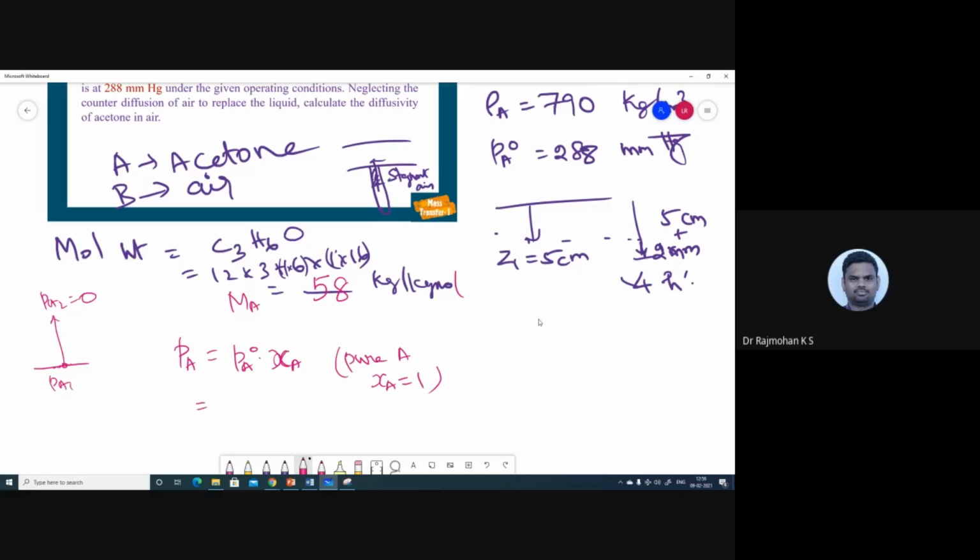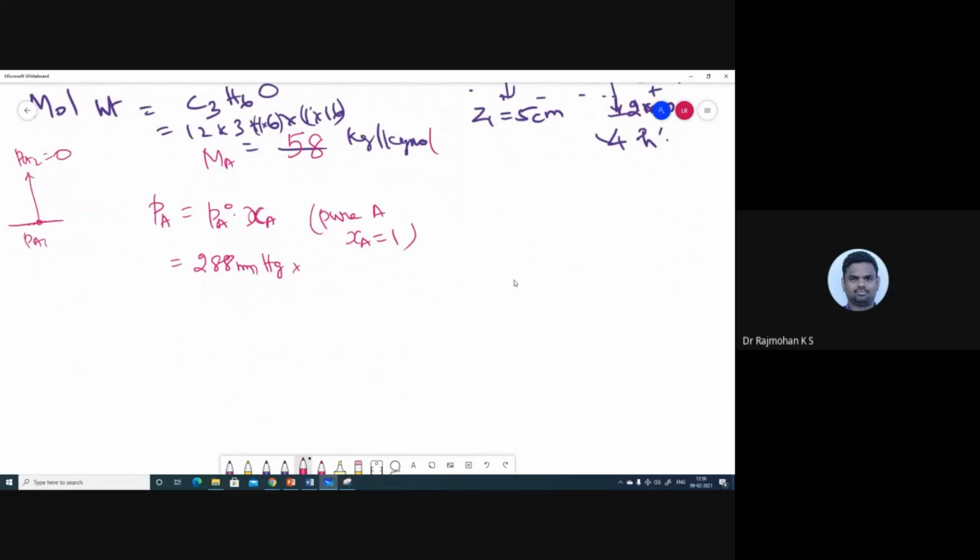So we can write this as 288 mm mercury. And how to convert this mercury to kilopascal? 760 mm mercury is 101.325 kilopascal. Okay, so we get PA in terms of kilopascal. So this is actually PA1. PA2 is 0 kilopascal.